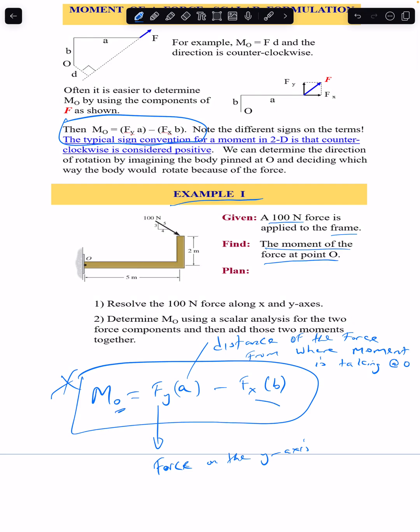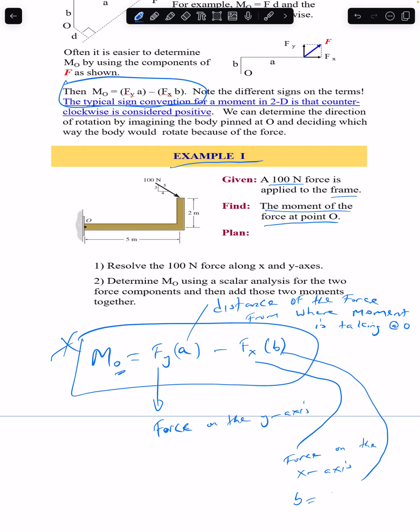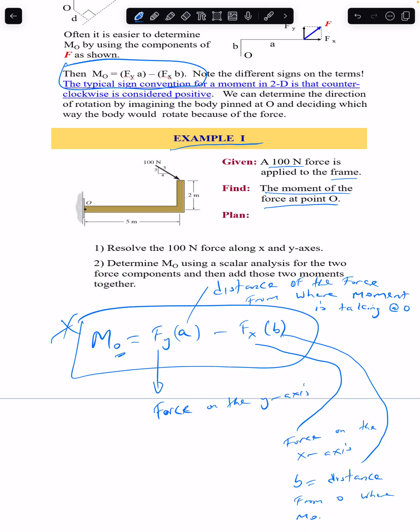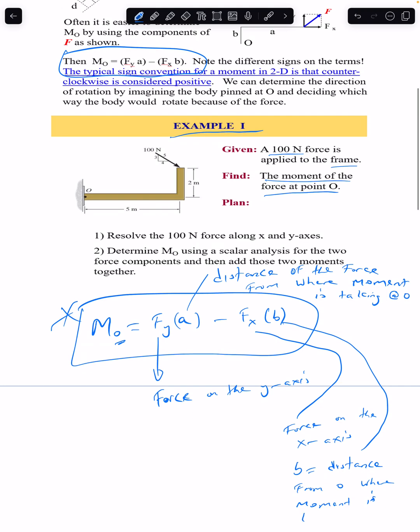And this is the force on the x-axis, and this B is the distance from O where the moment is taken.